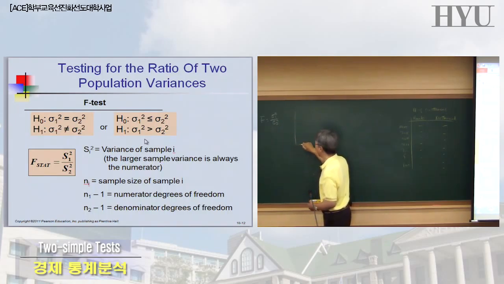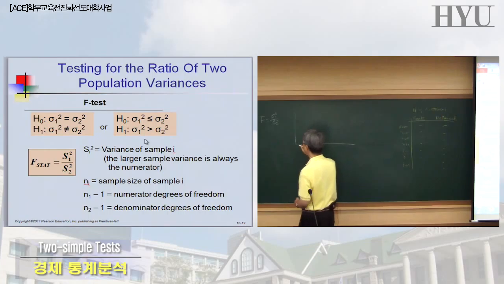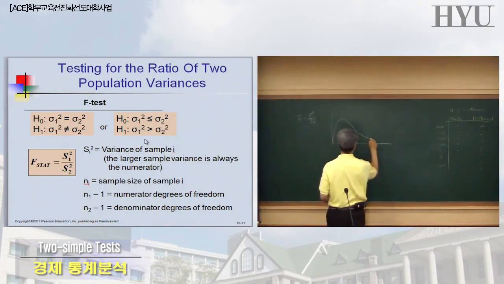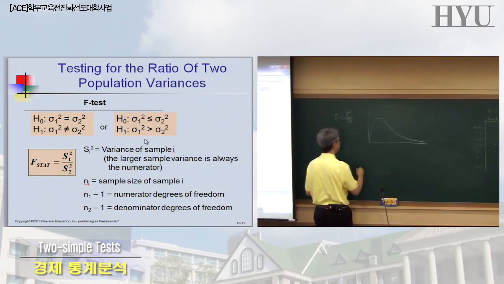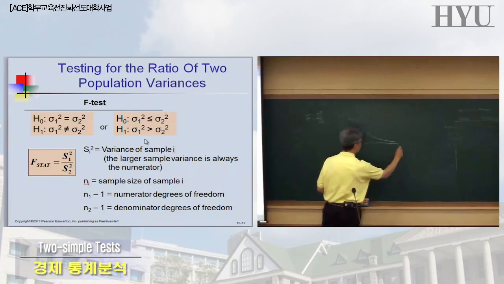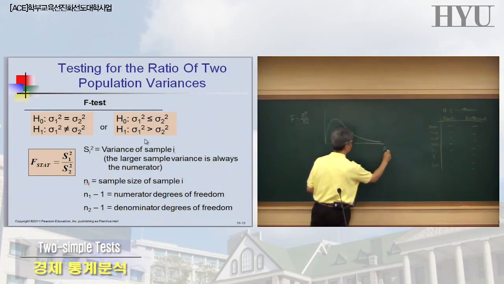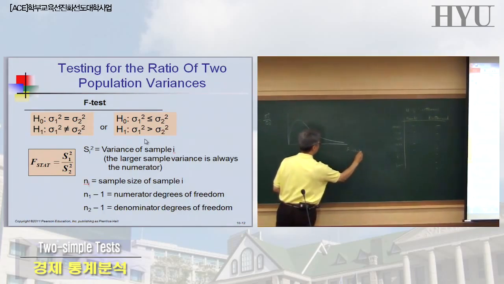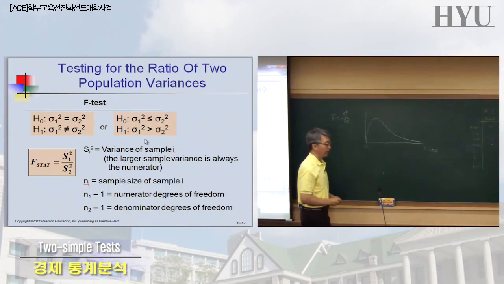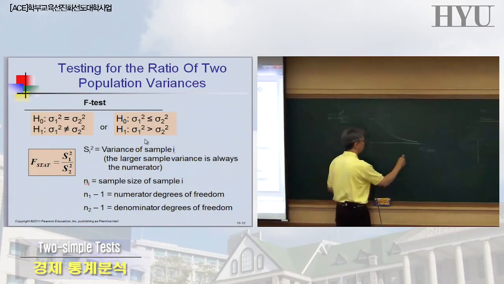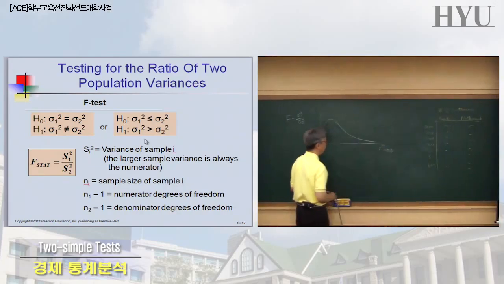The shape of the F distribution goes like this. The minimum value it can take is 0, and the maximum it can take, of course, is infinity.